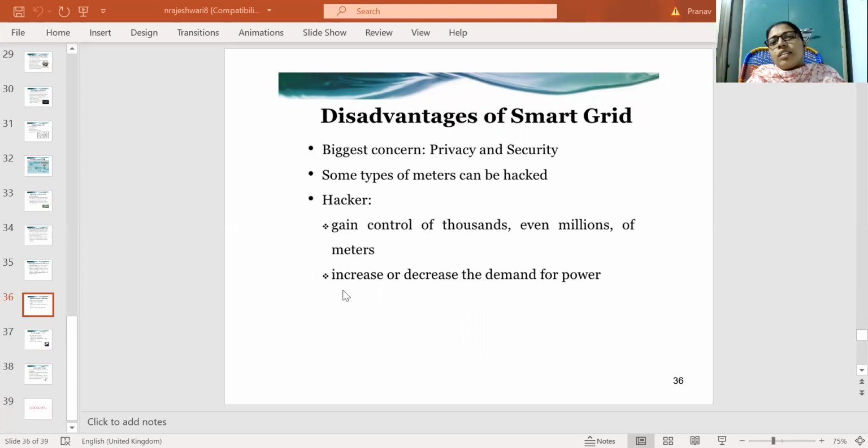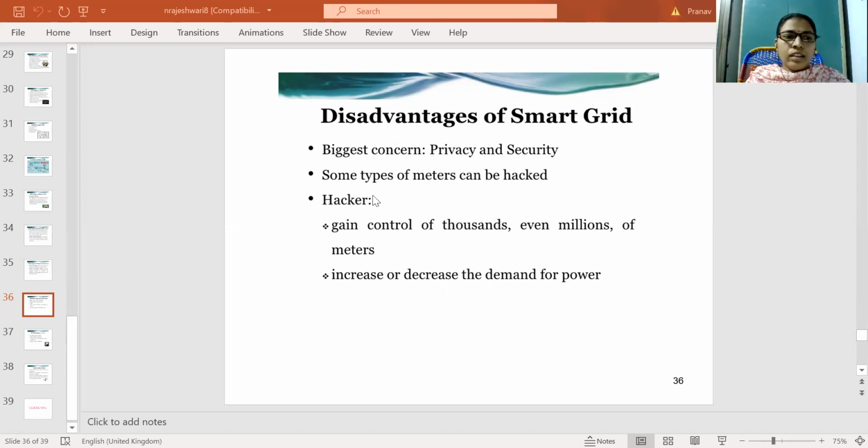Some disadvantages are also there for a smart grid. The biggest concern is privacy and security. Sometimes meters can be hacked by hackers. The hackers can gain control of thousands and even millions of meters, so the hacker can increase or decrease the demand for power.